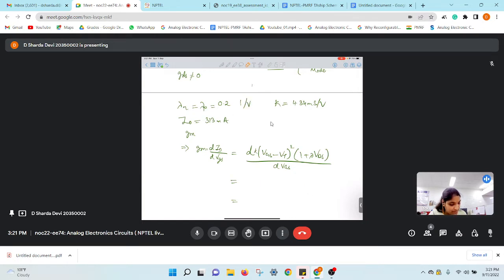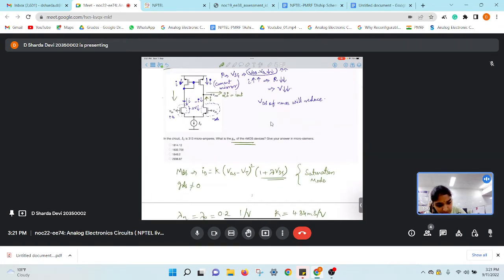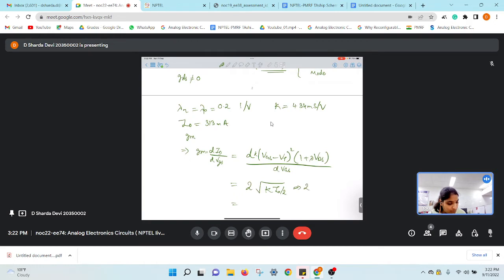We can simply write it as 2 root K I naught by 2, where I naught by 2 is the current flowing through this particular branch. If no voltages are applied, that means for DC, both branches will have I naught by 2 current. So this will simply become 2 times root over K ID. That is what we are writing.